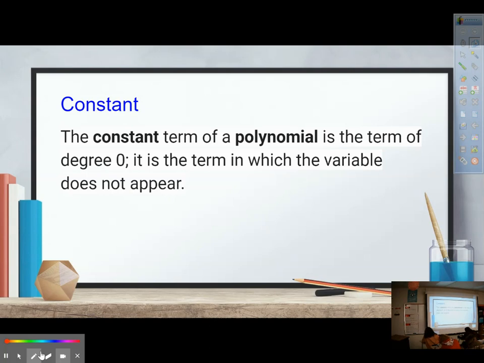You only have a number. There's no variable in that term whatsoever. So a constant has a degree of 0, and the variable does not appear.